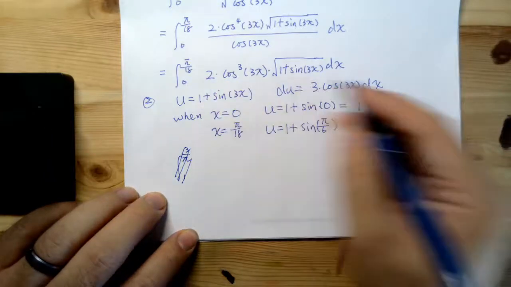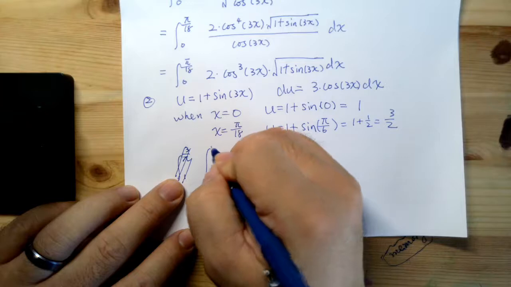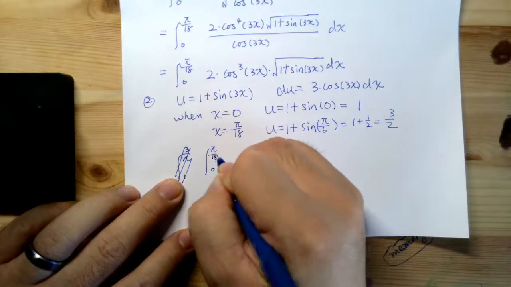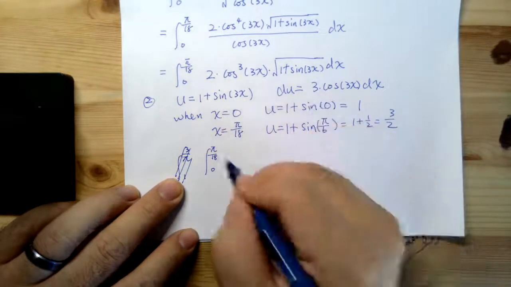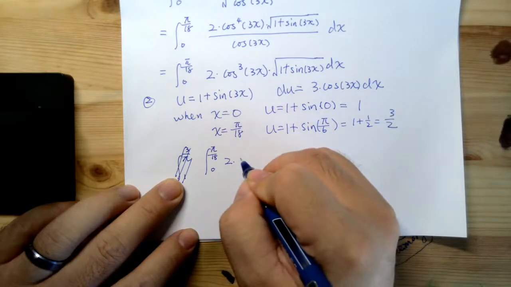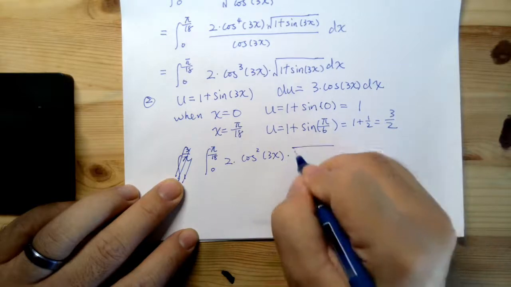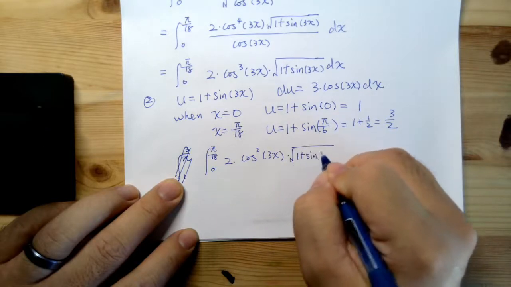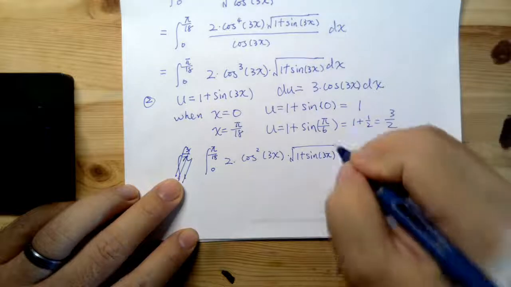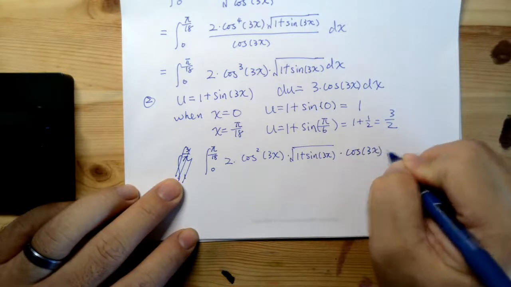For the original integral from this step, we can have cosine squared 3x times 1 plus sine 3x, and then times cosine 3x dx.